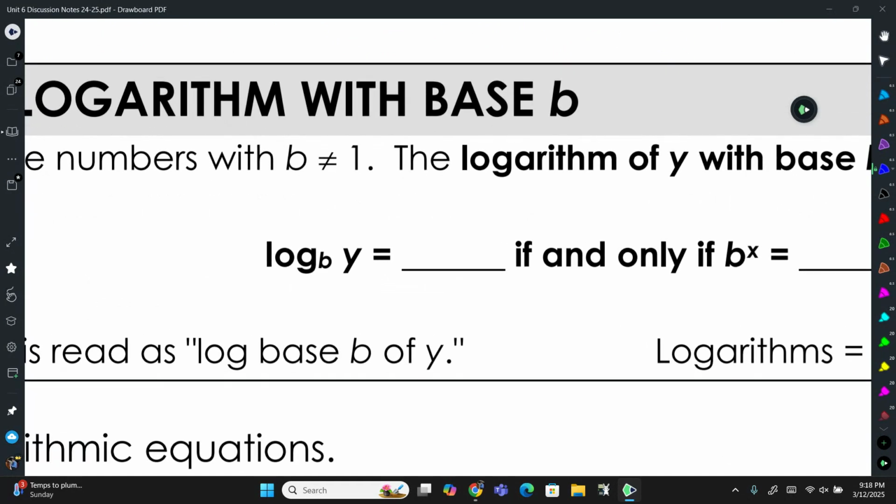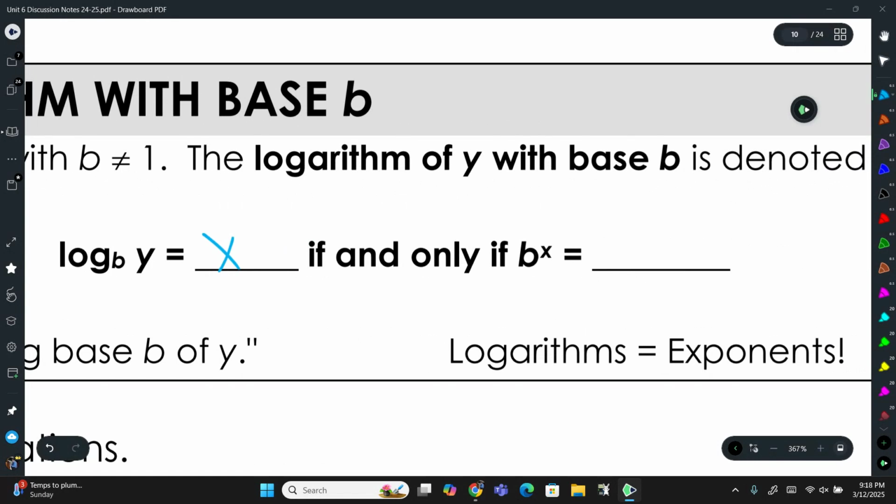If log base b of y equals some number x, then b to the x power equals whatever that y was. So you have the letters b, y, and x, and in log form, log base b of y equals x can be rewritten as b to the x power equals y. So these are equivalent statements.